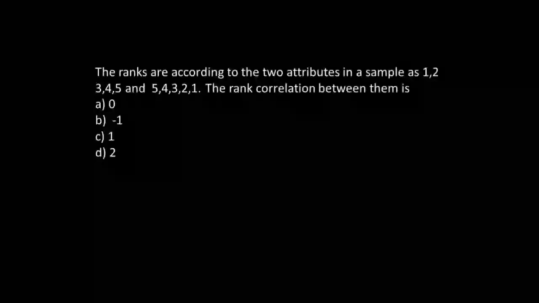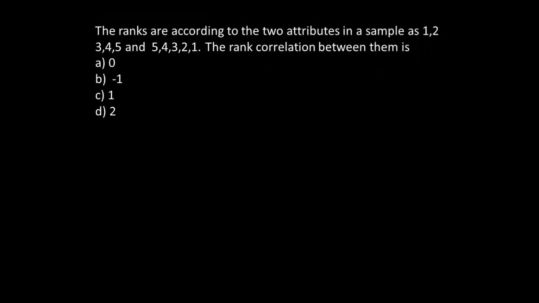Now the next one. The ranks according to the two attributes in a sample are 1, 2, 3, 4, 5 and 5, 4, 3, 2, 1. The rank correlation between them is, these are the choices given. What exactly is given here? The data is not given. Suppose we have x and y as the two variables.